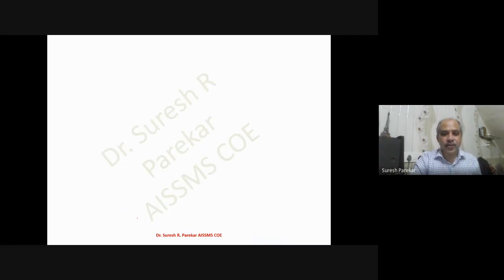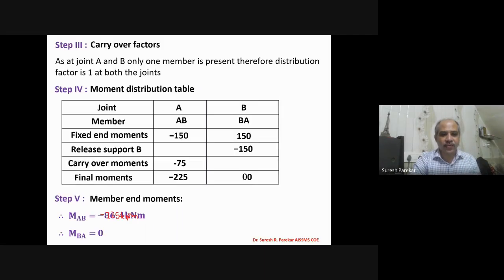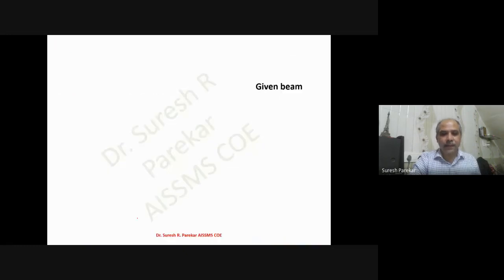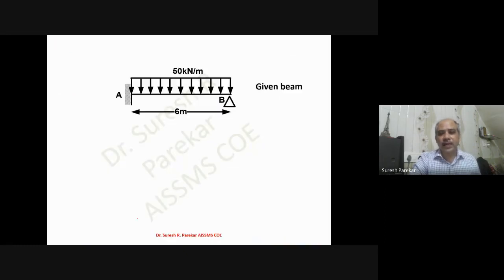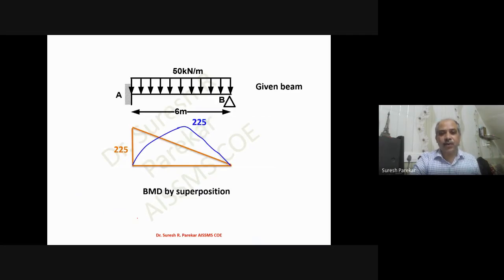This is minus 225, and MBA is 0. Now we have the given beam, and then the BMD by superposition. 225 by fixed end moments, and 225 again from WL square by 8, so 50 into 6 square by 8, which again gives 225 kilonewton meter. So this is your problem 1.